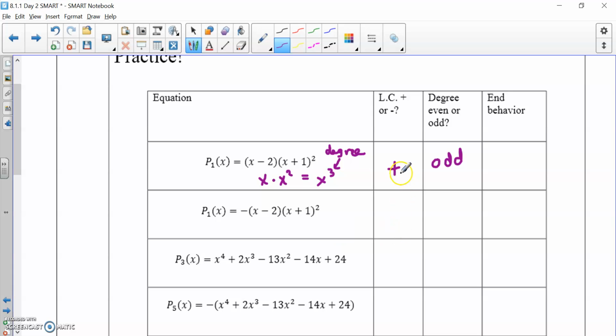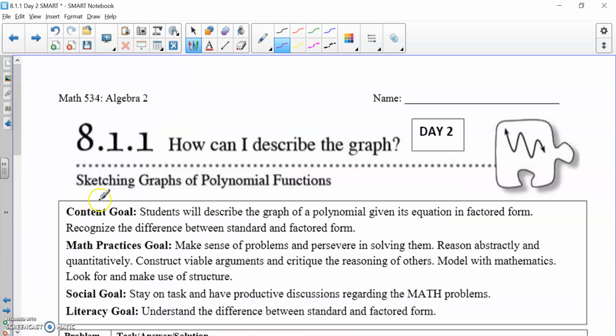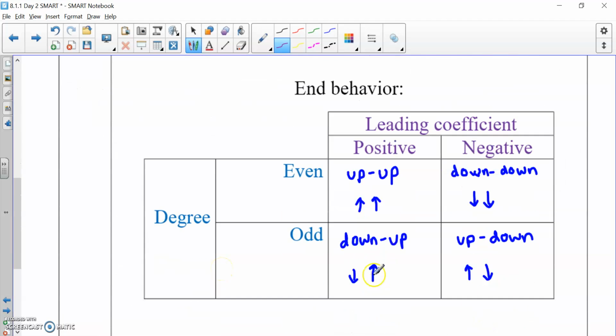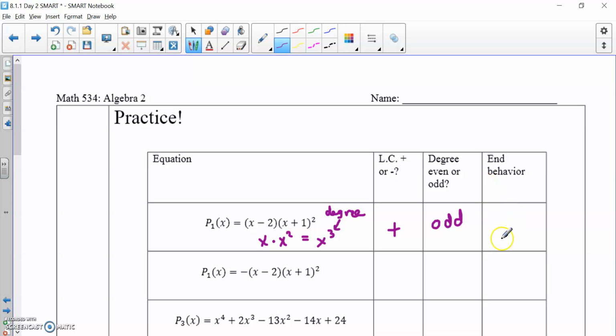We have a positive leading coefficient and an odd degree. Positive, odd, that tells us that we are going to be down, up. And we can look at this table too. Odd degree, positive leading coefficient, down, up. So we will write down, up.